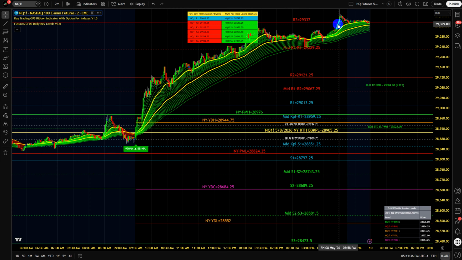Finally, end of day here, 3:58 p.m., right before the RTH session close. We do get a hit right here of the R3 level, 29,337.